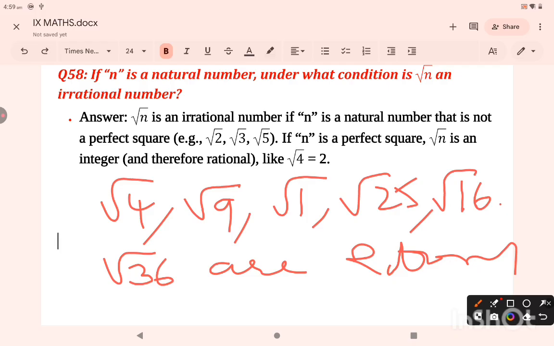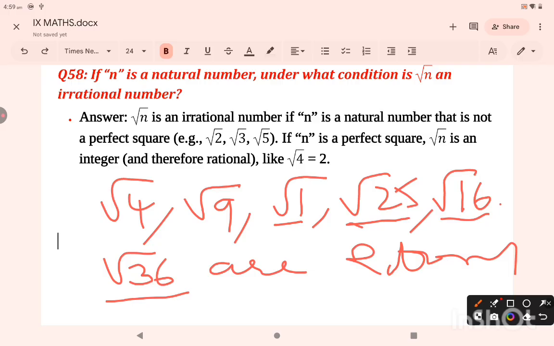Root 9 is a rational number, 9 is a perfect square. Root 1 is a rational number, 1 is a perfect square. Root 25 is rational, 25 is a perfect square. Root 16 is rational, 16 is a perfect square. Root 36 is rational, 36 is a perfect square.